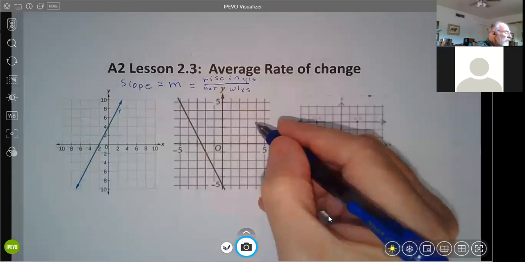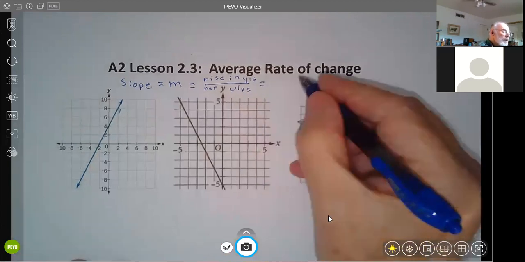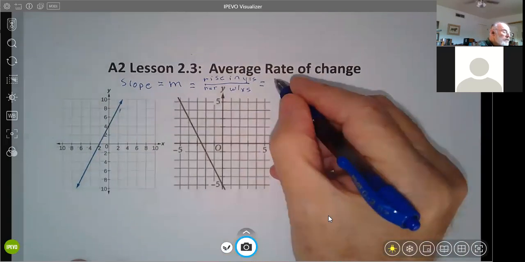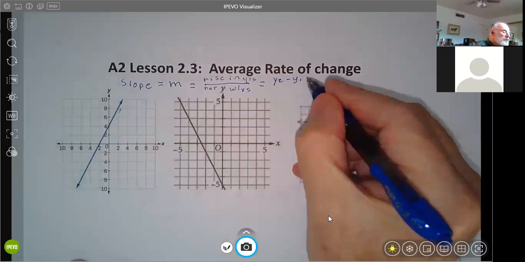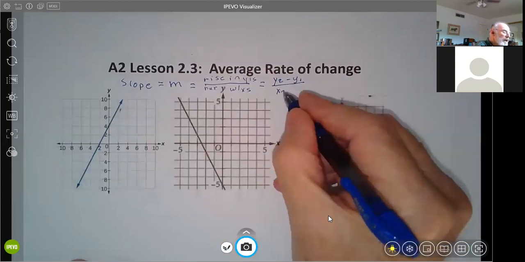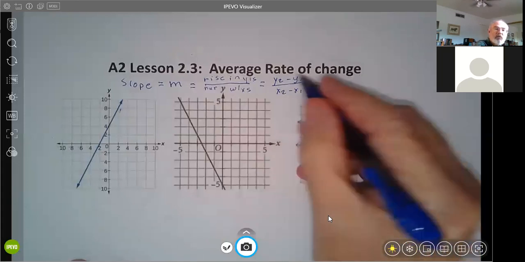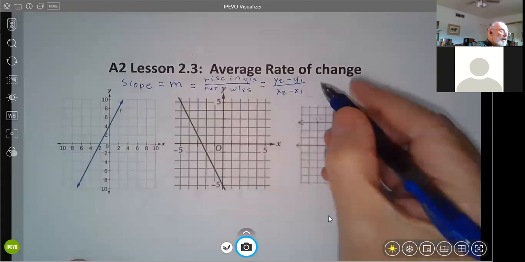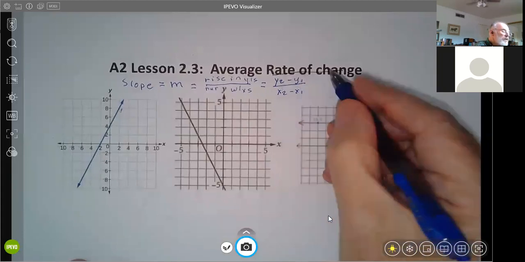All right. So that also equals, if you're thinking about it, y2 minus y1, and you've had, of course, this experience before because this is the slope formula, over x2 minus x1. So this is what slope really is. But in the case of rate of change, then we're using units.